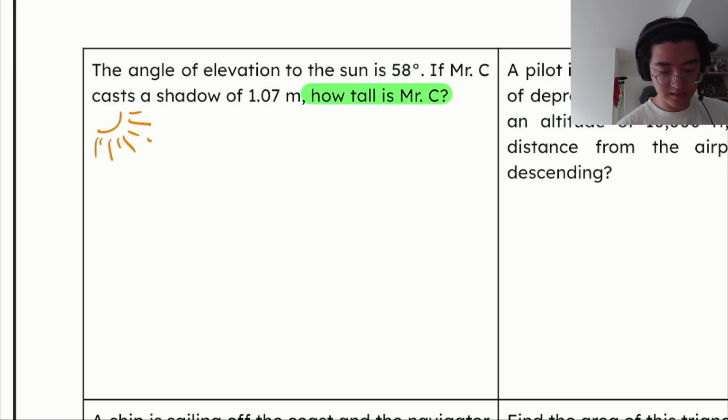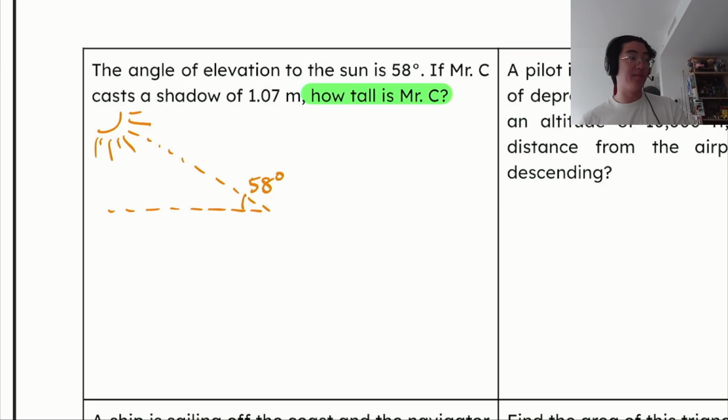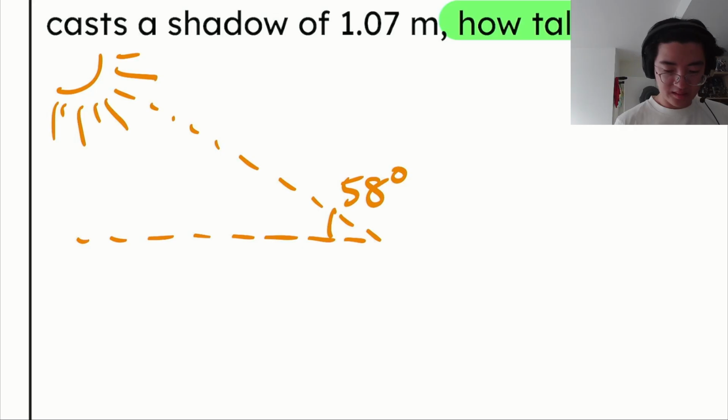So here's the sun. So this is 58 degrees. This is from the first piece of information here. We got an angle of elevation of 58 degrees. And now, if Mr. C casts a shadow of 1.07 meters, that means that Mr. C must be here.